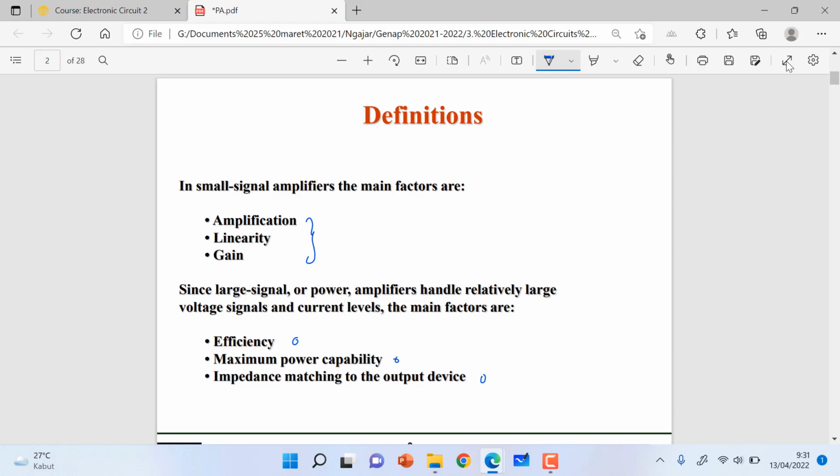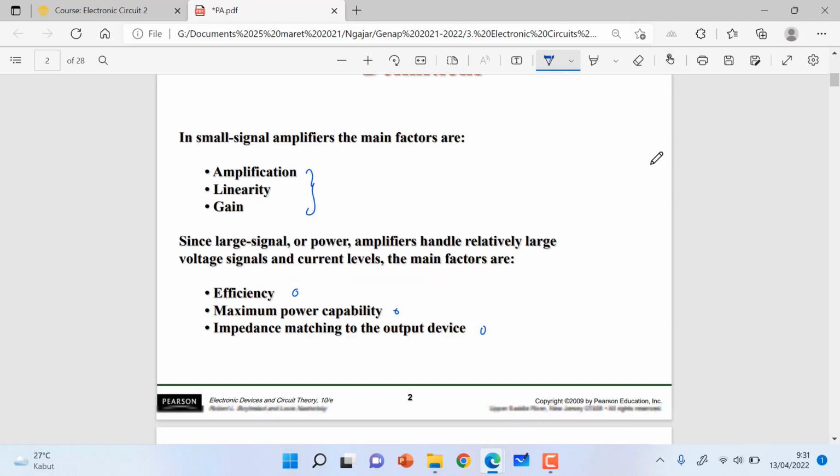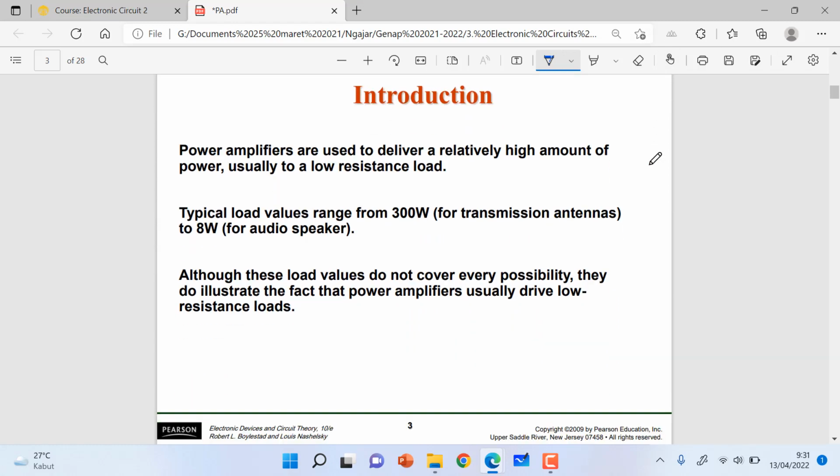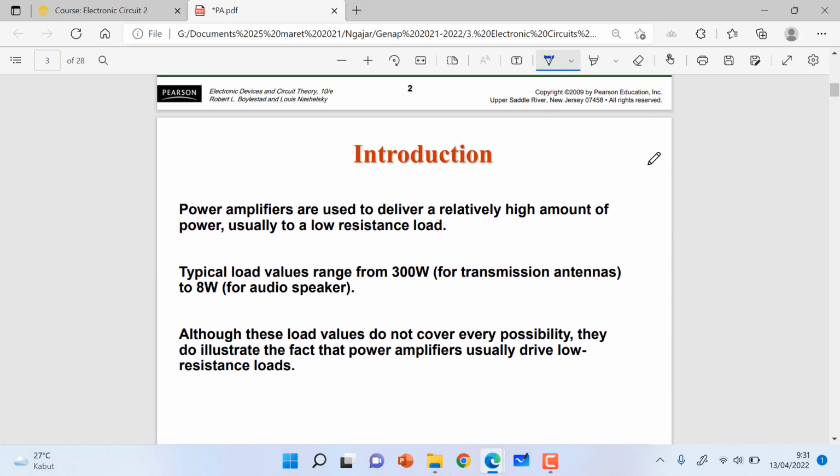So the amplification, linearity, and gain are the main factors, and another thing we have to design in the power amplifier is the efficiency, the maximum power capability, and also the impedance matching.